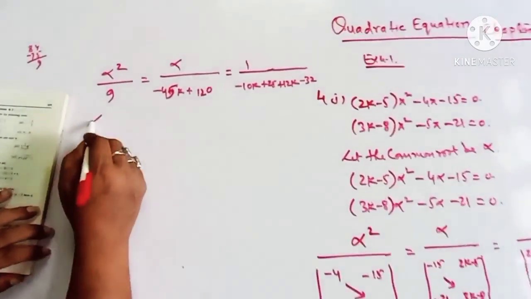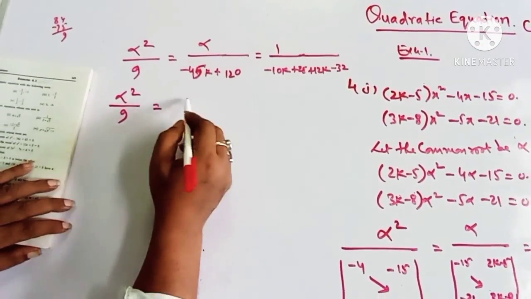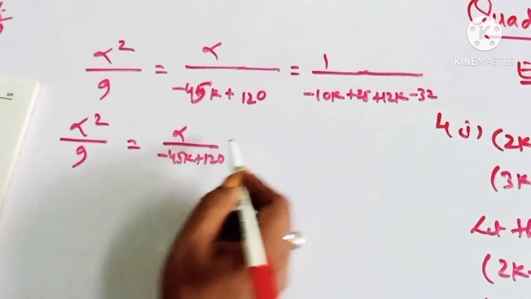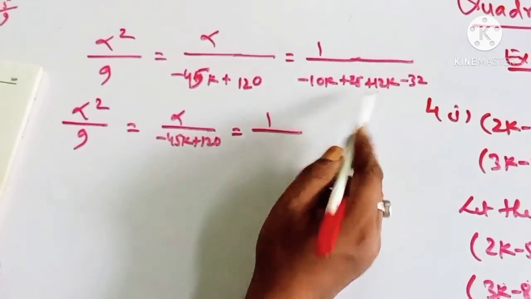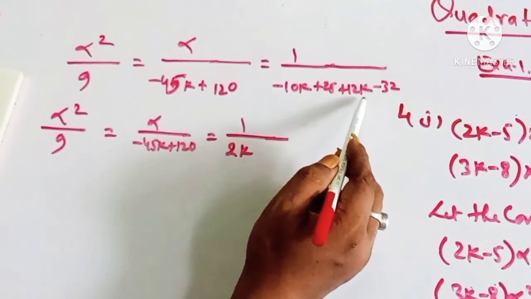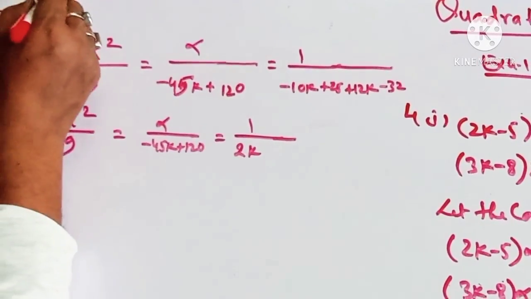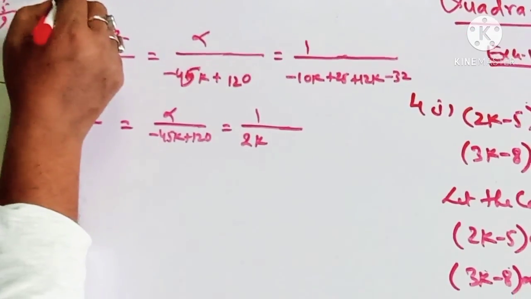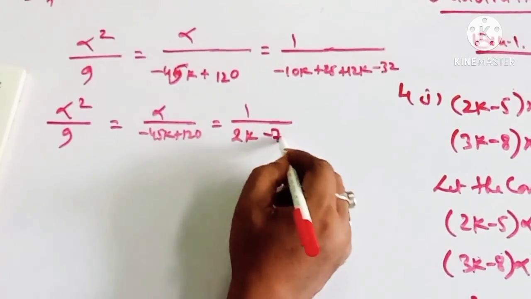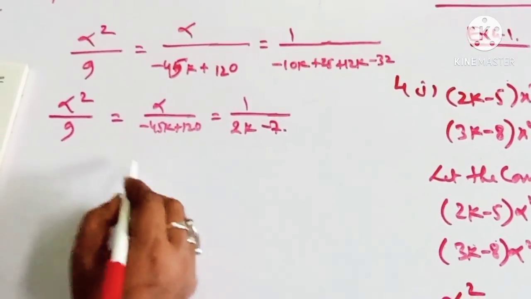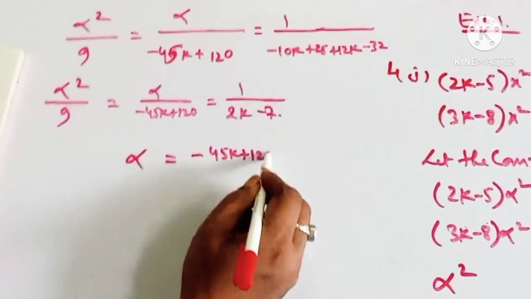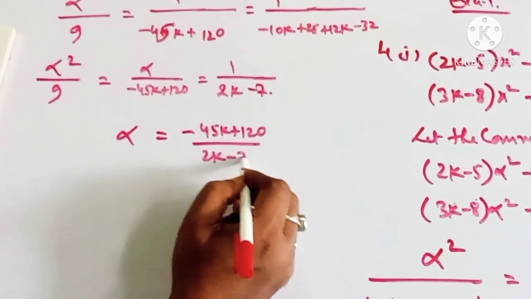So here alpha square by 9, alpha by minus 45k plus 120, and this is equal to minus 10 plus 12, that is 2k, and 32 minus 25, that means 7, so this will be how much? Minus 7. So here your alpha is equal to minus 45k plus 120 divided by 2k minus 7.